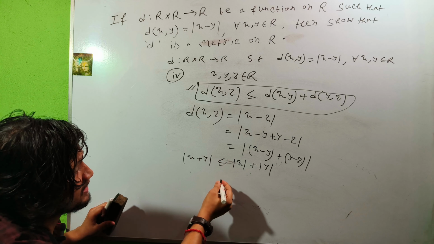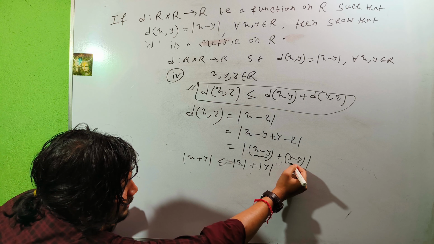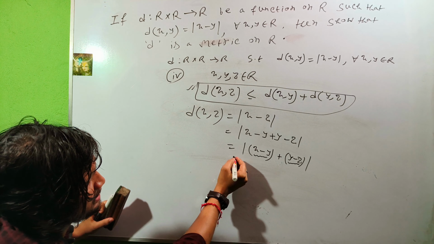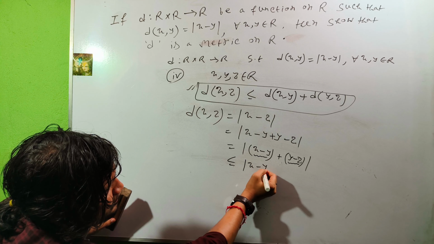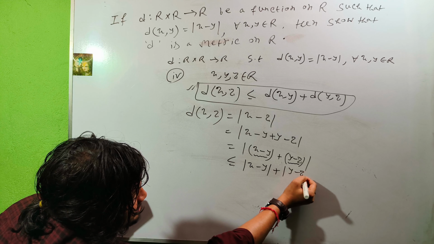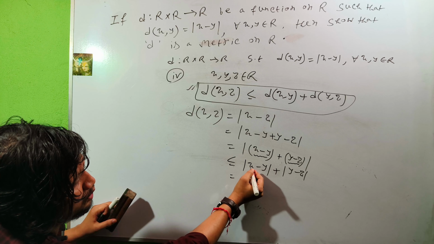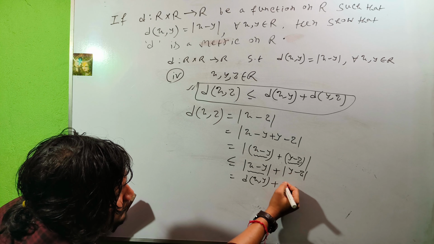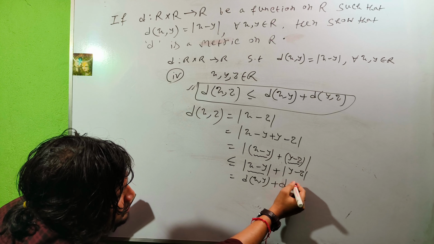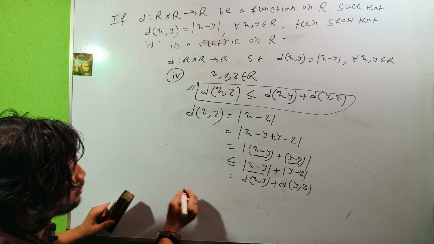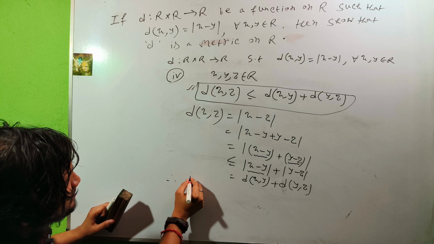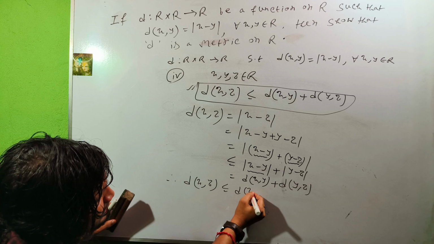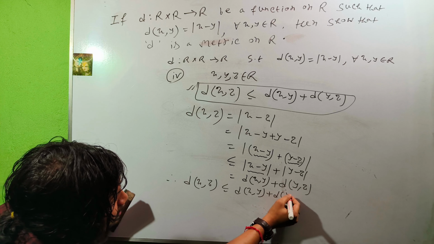So we can say from here that if we take x minus y as x and y minus z as y, it can be written as less than or equal to mod of x minus y plus mod of y minus z, which is equal to d of x comma y plus d of y comma z. Altogether we can say that d of x comma z is less than or equal to d of x comma y plus d of y comma z.